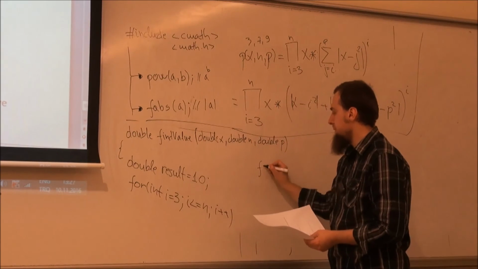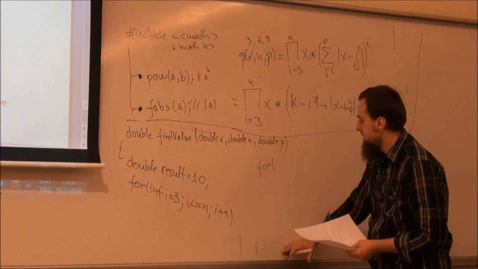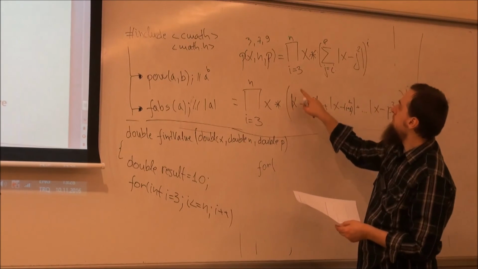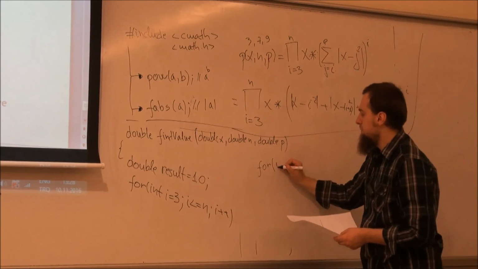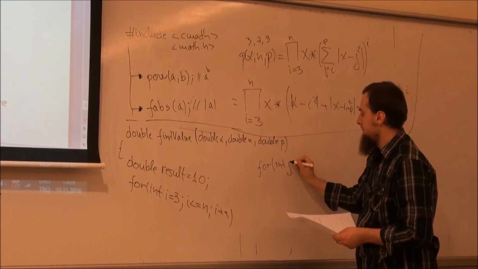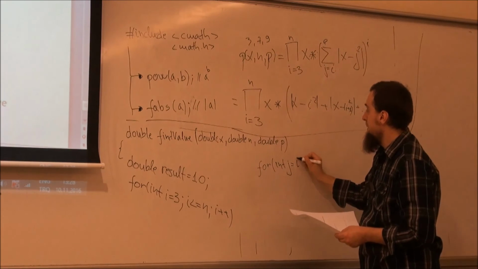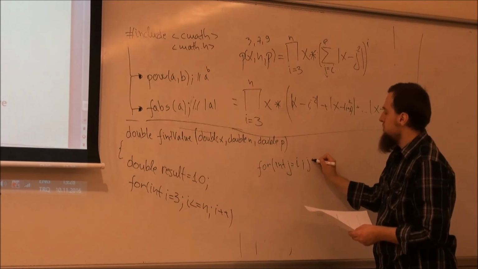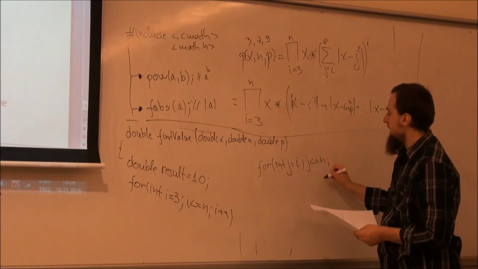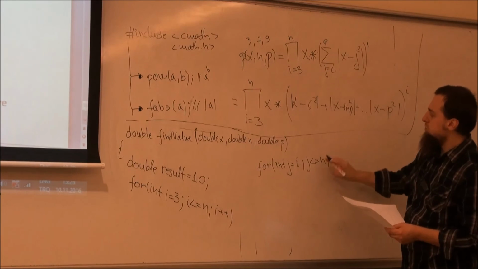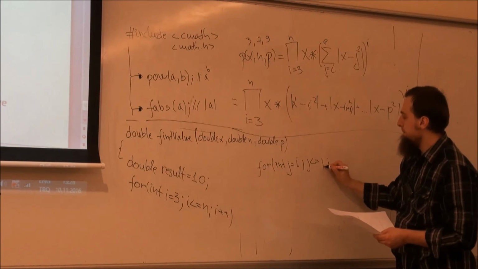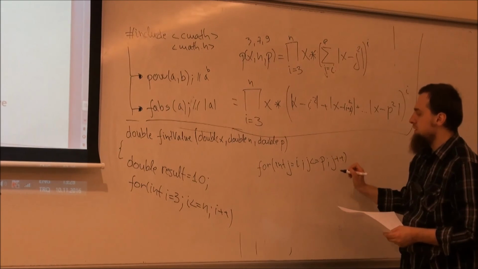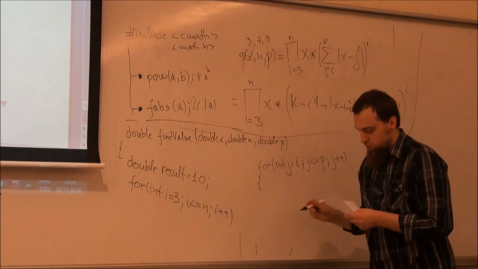I don't have space here, I mean, I have space, but I want to write it in a clearer way. So we start here from j equal to i, j is smaller or equal to p, j plus plus. What do we have here?